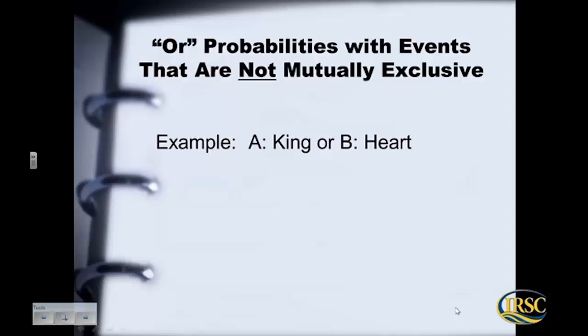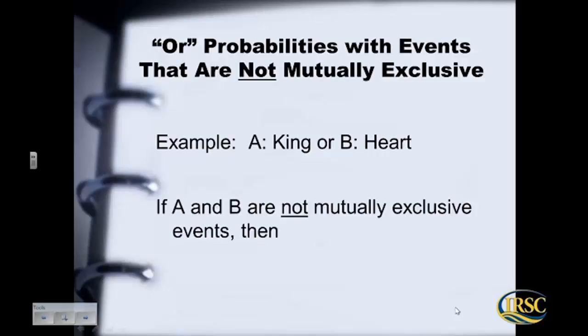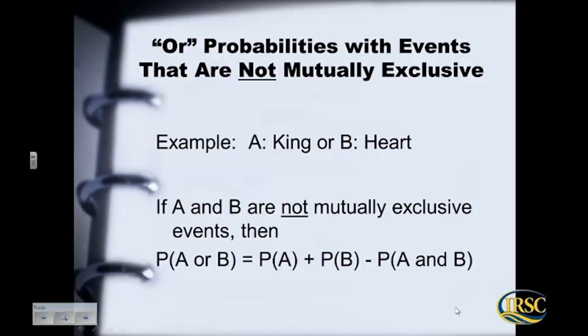All right, so if they can happen at the same time, here's how the formula modifies. You're still going to add the probability of the first event plus the probability of the second event, but you also have to subtract the probability that they happen at the same time. So you have A and B, or you could say both, the probability of both.